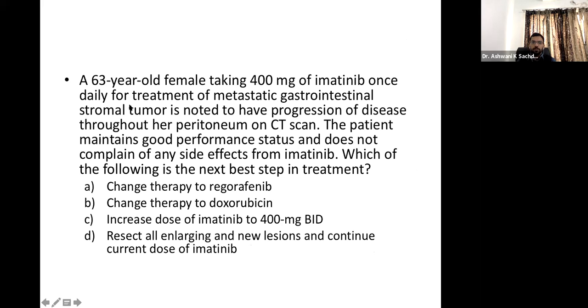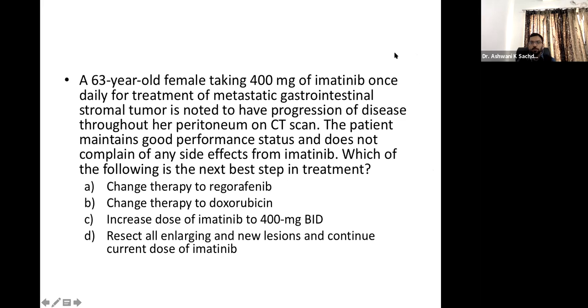So before going further, we'll take another question. A 63-year-old female taking 400 milligram of imatinib for a metastatic gastrointestinal stromal tumor is noted to have progression of disease throughout her peritoneum. The patient has good performance status and does not complain of any side effect of imatinib.